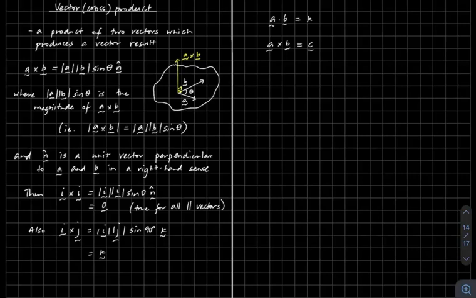Let's draw that in a diagrammatic sense. If I take the cross product of i with j, that gives me the result k.